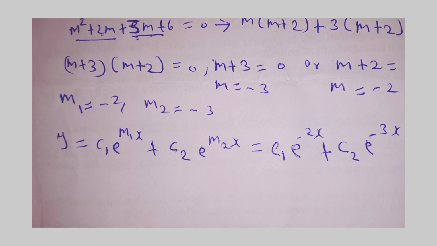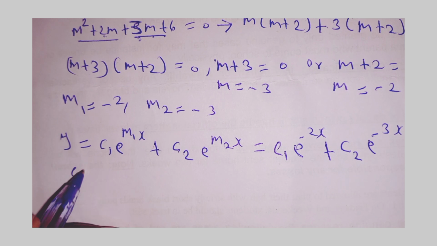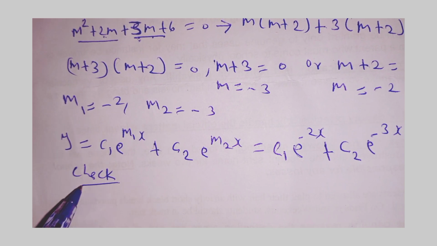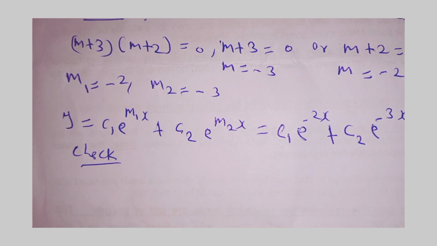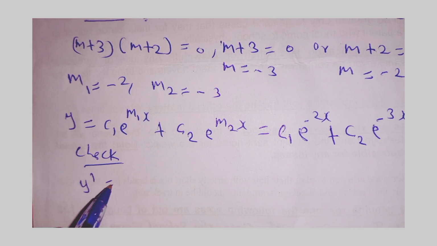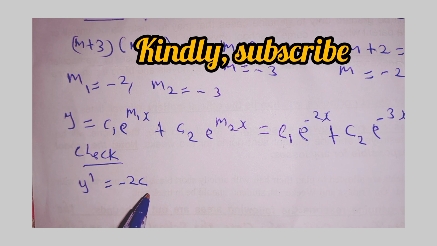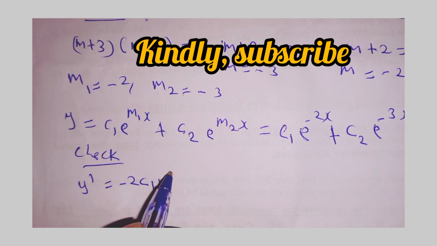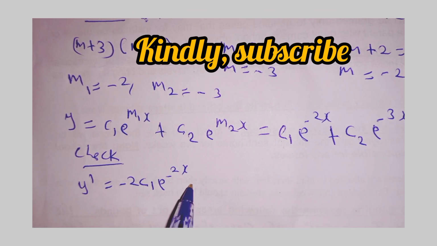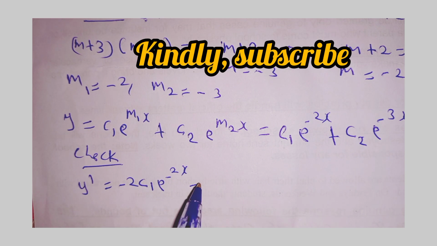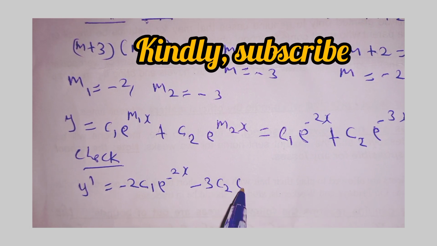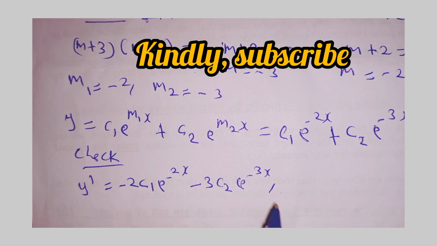Now you can always check your working to see whether it is correct. We get y prime, which will give us negative 2c1 exponential negative 2x minus 3c2 exponential negative 3x.